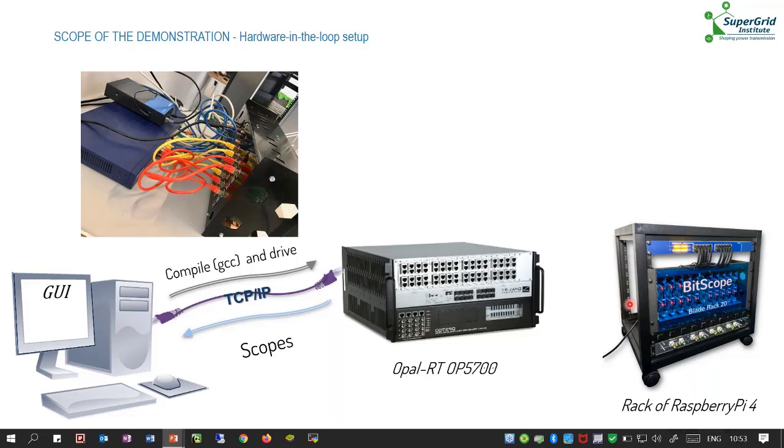The target and the IEDs will communicate via IEC 61850 in a local area network. Therefore, sample values and GOOSE messages will flow through a bunch of Ethernet cables linked all together thanks to an Ethernet switch.